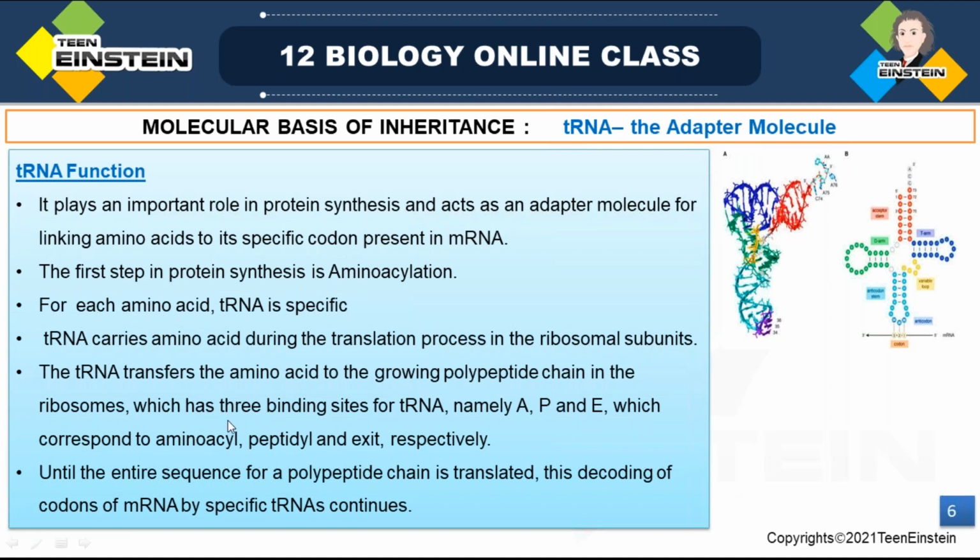Then the tRNA transfers the amino acid to the growing polypeptide chain in the ribosome. The ribosome has 3 binding sites for tRNA, namely A, the amino acyl site, P, the peptidyl site, and E, the exit. Until the entire sequence of a polypeptide chain is translated, the decoding of the codons of mRNA continues. How is it decoded? With the help of specific tRNA. Got it?